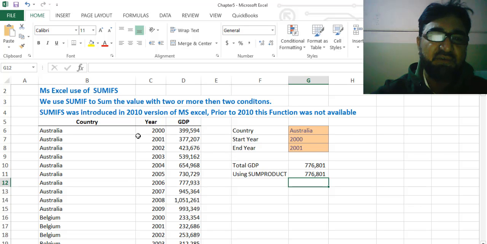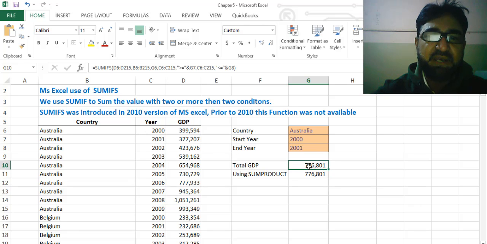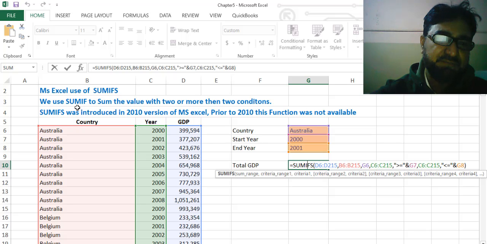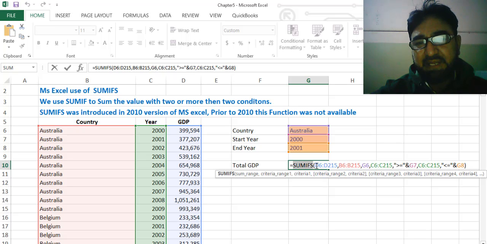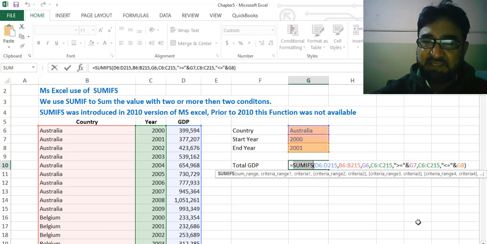Now in this lesson we learned that with the help of the SUMIFS function, we have analyzed condition 1 and then the criteria, then again the condition and the criteria, and again the condition and the criteria, and we can see that SUMIFS can analyze more than 2 conditions.